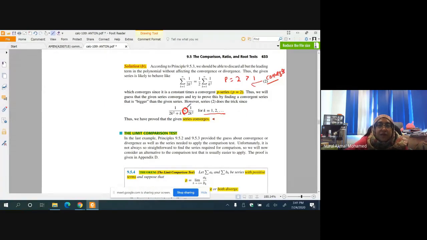Confirm that this inequality sign is valid. For this case, it is less than. So for this one, it converges.